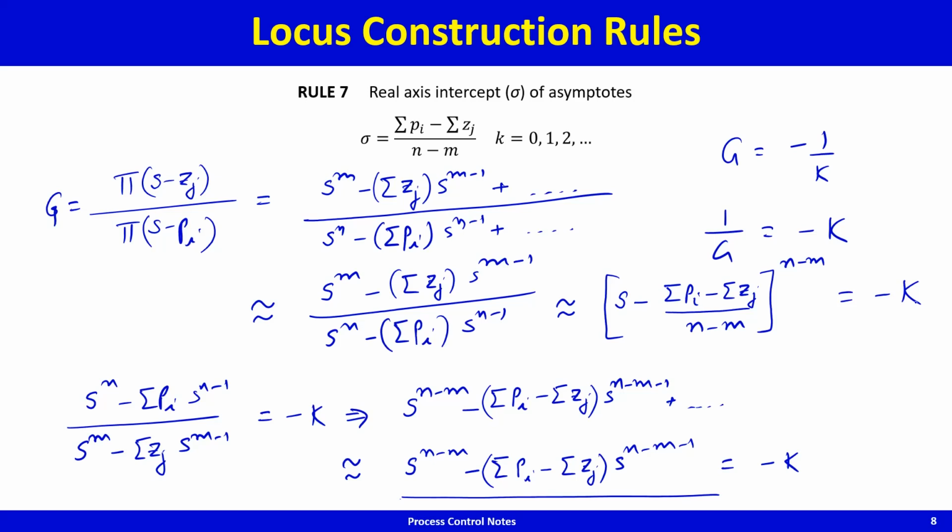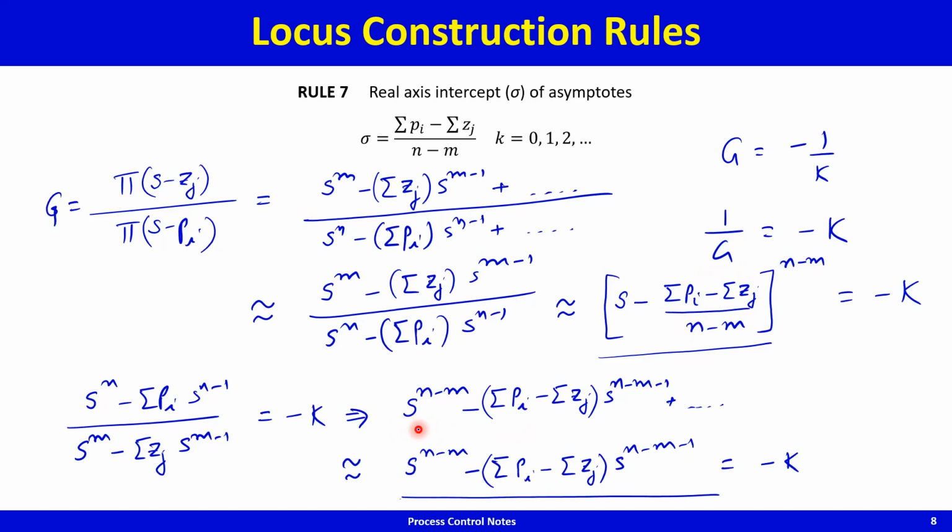Now if you do the binomial expansion of this, the first term will be S to the power n minus m. The second term would be n minus m multiplied by S to the power n minus m minus 1, multiplied by minus summation Pi minus summation Zj.